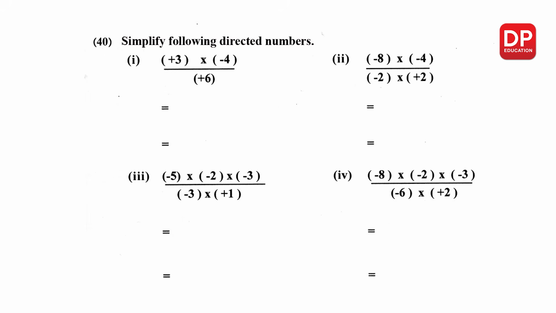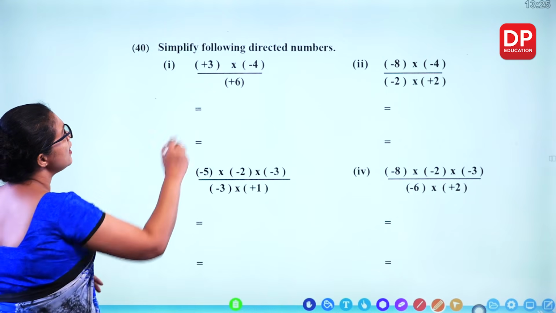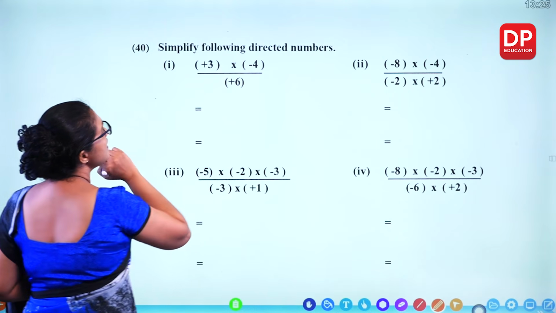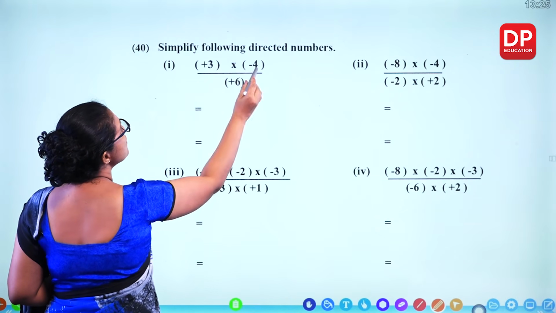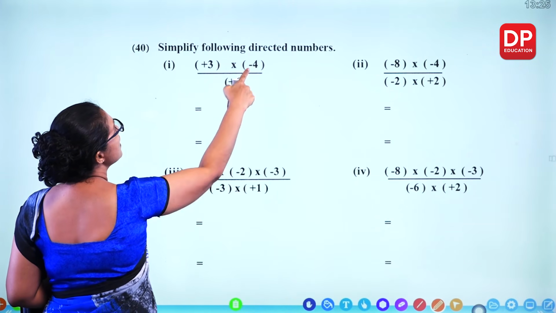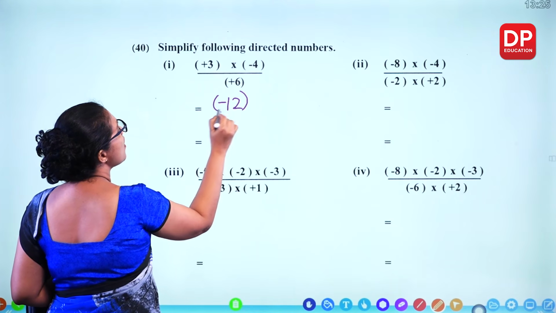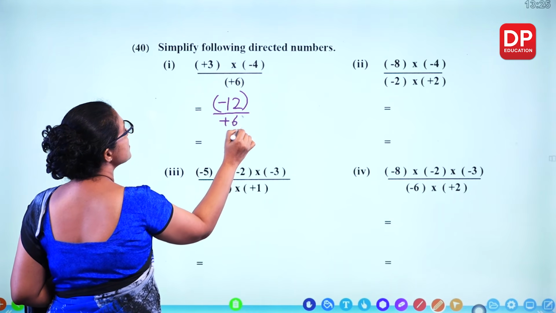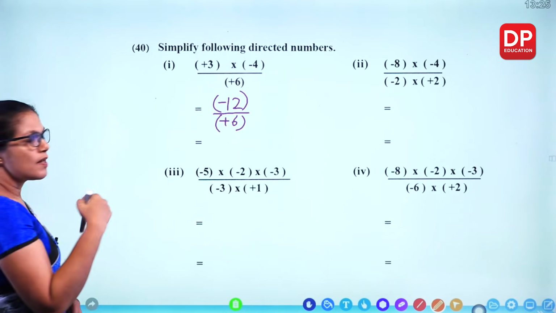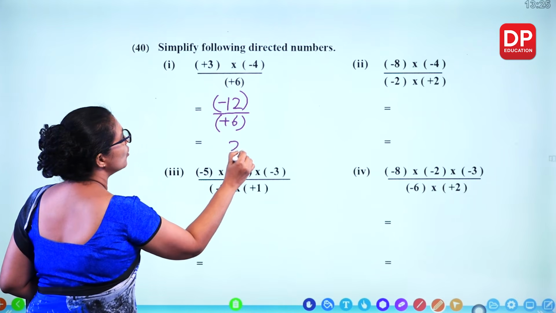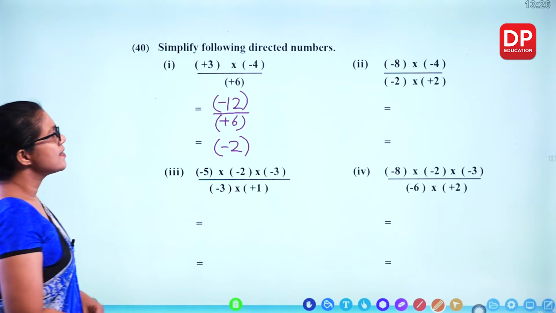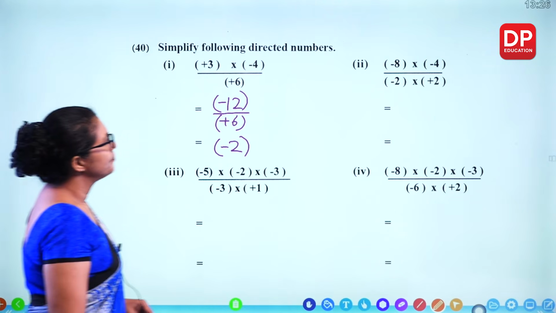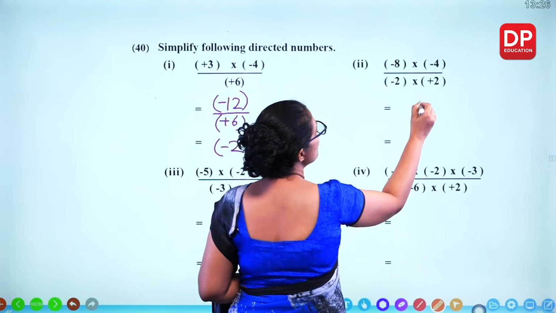Simplify following directed numbers. So we can do the numerator first and then the denominator. 4 times 3, 12. But this is negative because one is positive and one is negative. Now 12 divided by 6 is 2. One negative and one positive, answer is negative. 8 times 4, 32.